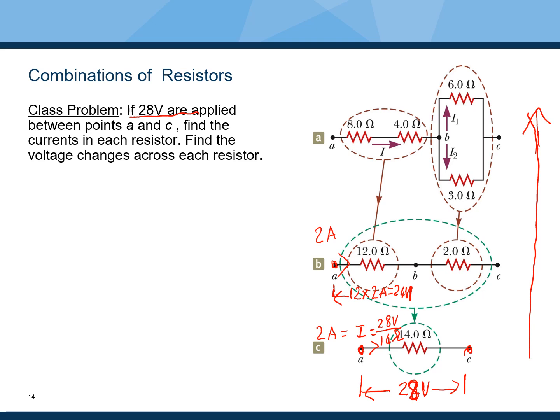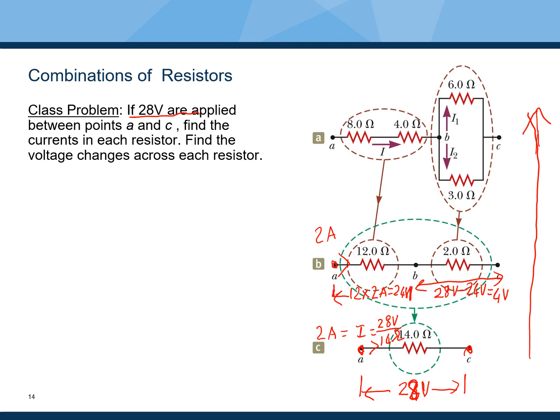And if that is the case, we can actually go ahead and have 24 volts going through points A and B. We have 28 volts across points A and C, and therefore between points B and C we have 28 volts minus 24 volts, which is actually equal to 4 volts between points B and C.